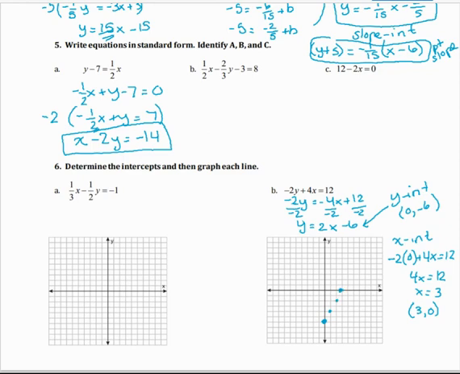And look at that. If we take a look, our y-intercept, yes, is at 0, -6, and our x-intercept is at 3. Now, use a straight edge. I don't have access to that on the tablet, but use a straight edge to connect those dots, and so you have a nice linear equation.